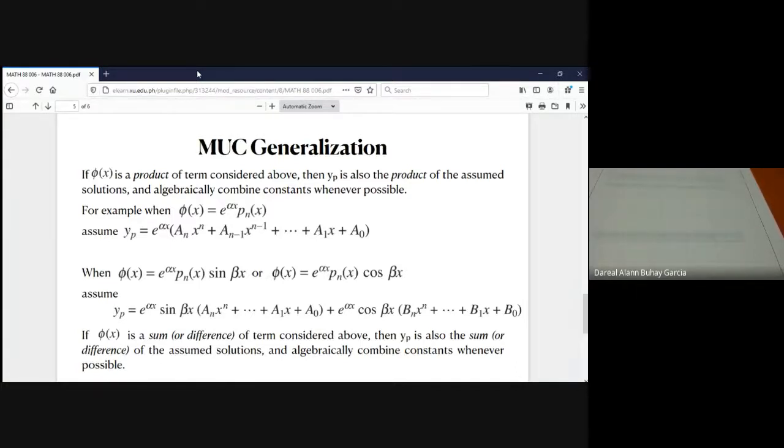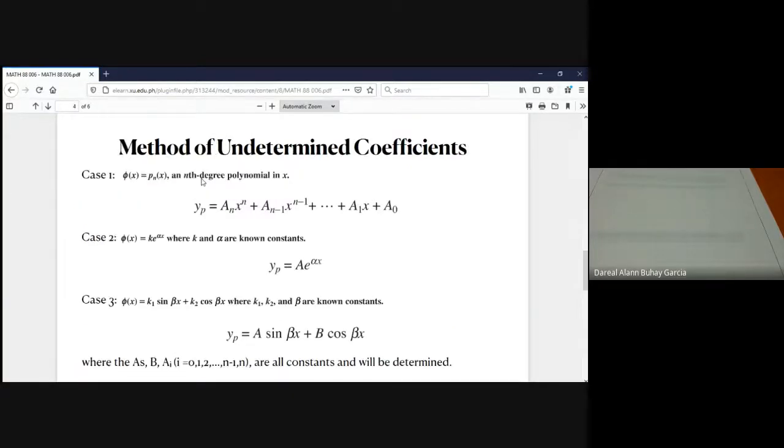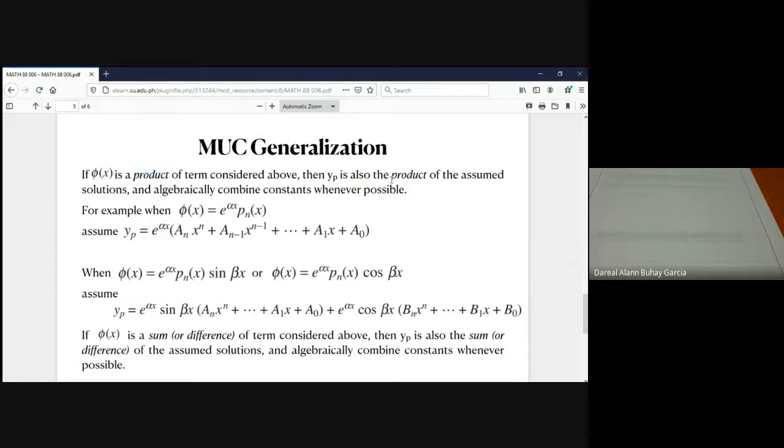It's just that if our right-hand side is a product of the terms considered, meaning a product of any of the three cases, our assumed solution should also be a product of assumed solutions.